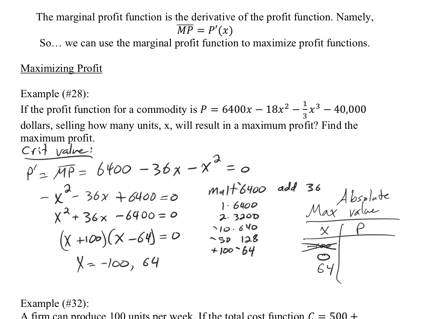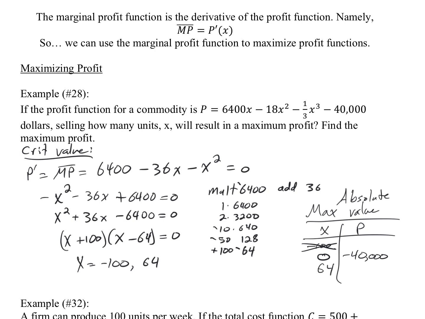They don't say the company can make at most 2,000 units. No, it's open-ended. So there is no maximum here. So we're going to check this thing, we're going to check this thing, and then we'll talk about it once we get there. So if you plug 0 into the function, clearly this is not maximizing our profit: negative 40,000.